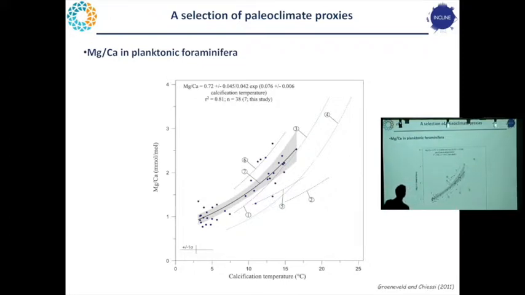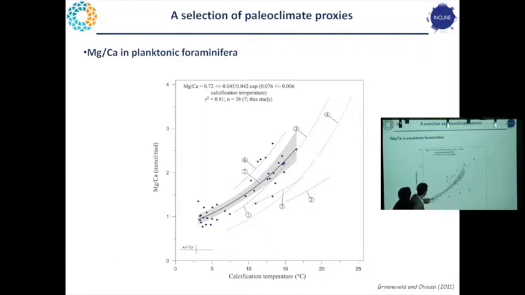Now, the magnesium to calcium ratio in planktonic foraminifera. Similarly to the alkenones UK37 index that I showed you before, we can use the amount of magnesium in the carbonate of those specific shells, those microfossils, to reconstruct calcification temperature. Take this equation here, this relation here, as an example.